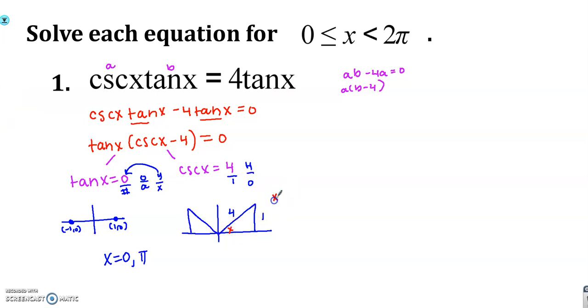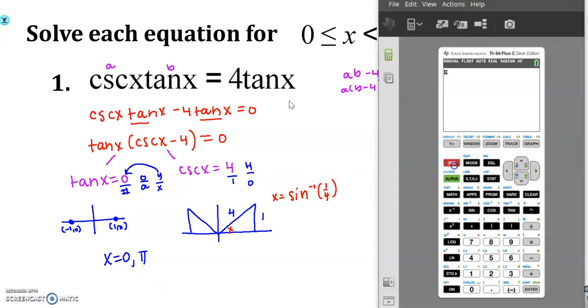First, I have to get the reference angle. Anytime you're looking for an angle, you're always using inverse on the calculator. And there is no inverse cosecant, so I'm going to use its reciprocal, inverse sine. Sine is opposite over hypotenuse, that's going to be 1/4. So on my calculator, I'm going to do inverse sine of 1 over 4, and that's going to give me my reference angle of 0.253.